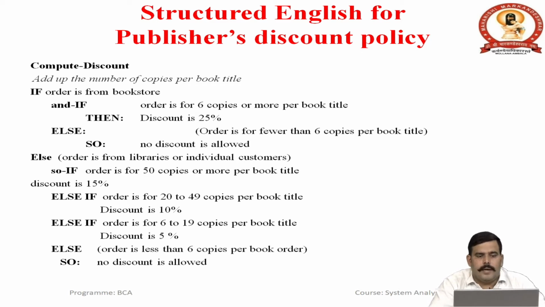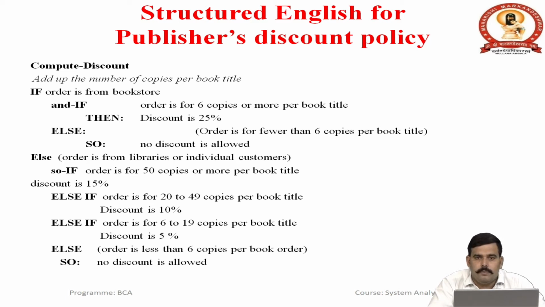First of all, we add the number of copies per book title, and now we will move step by step, statement by statement, in the structured English to understand the problem. After adding the number of copies per book title for the order, we check the type of customer. First of all, we check if it is a bookstore.